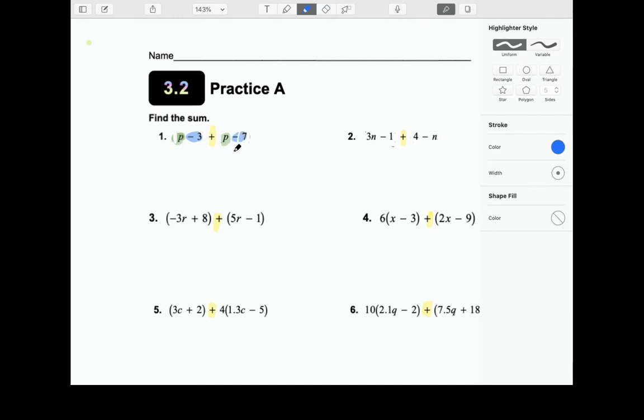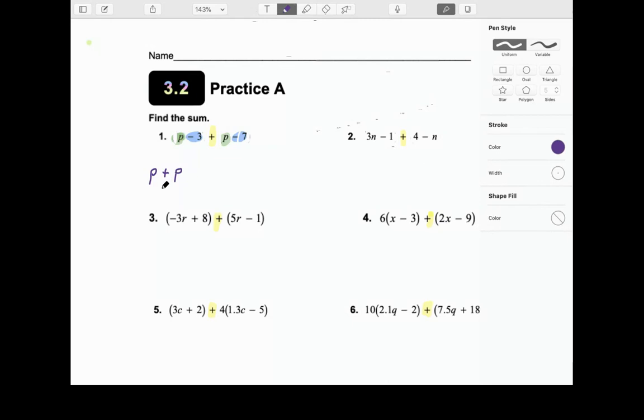Now, one thing we could do is rewrite this problem so that the variables are together and the constants are together. I don't have to do that, but it is something I can do. This is the rewrite stage, and a lot of times I physically do something that later will become a mental habit.